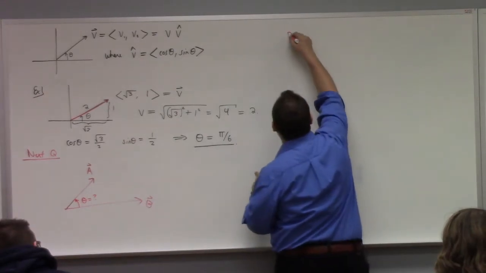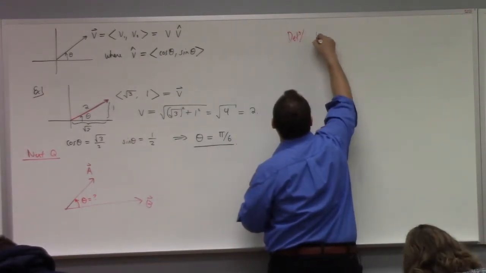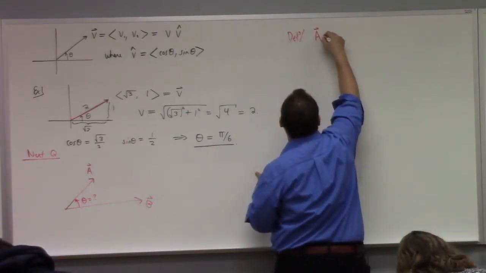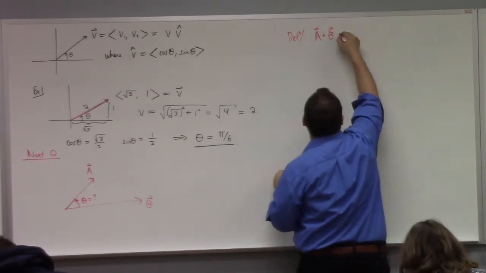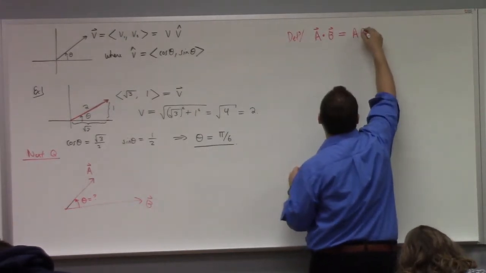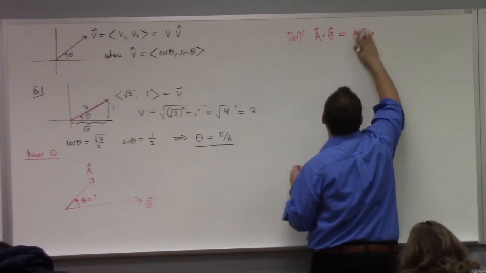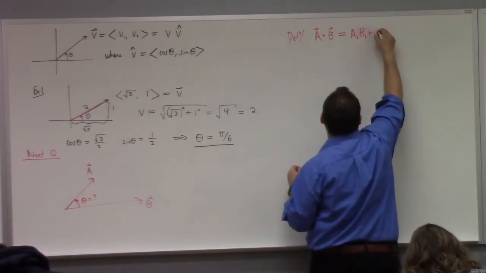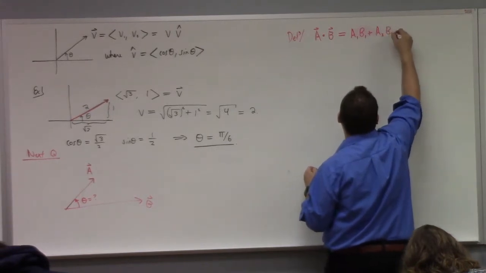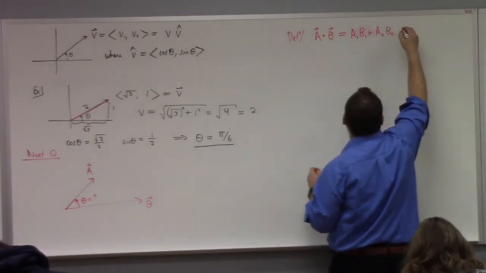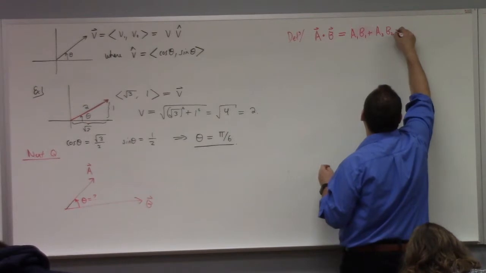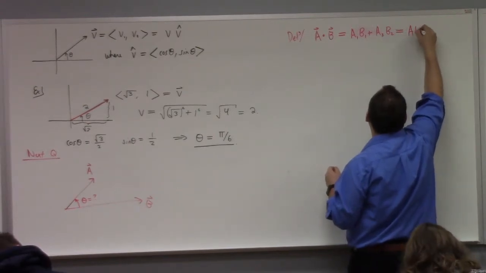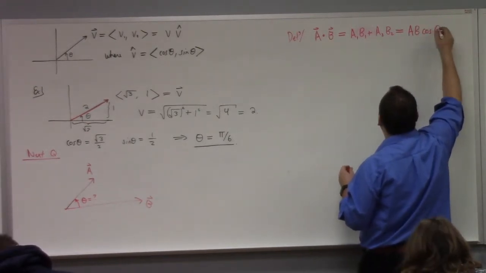So here's the definition. A dot B is equal to, well, this is not the definition, excuse me. A dot B is equal to A1 B1 plus A2 B2. And a theorem says that that's equal to AB cosine theta.